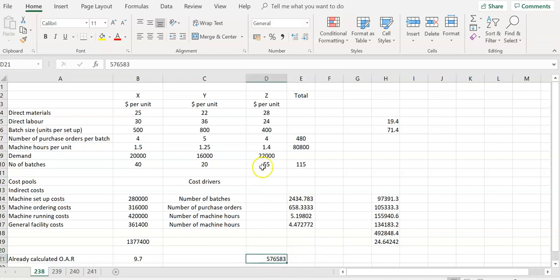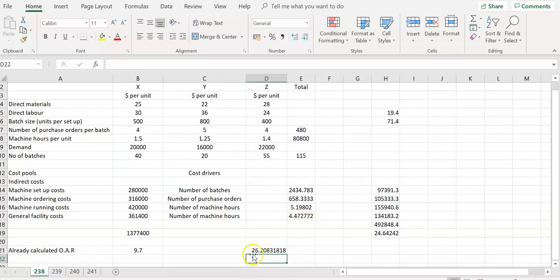So we know what the total demand for Z is. So literally, all I need to really do is just divide this by the total demand to find what the overhead is per unit. And now that I found the overhead per unit, because I know it's 576 divided by the demand, I can now add on to that its direct material and labor, right?